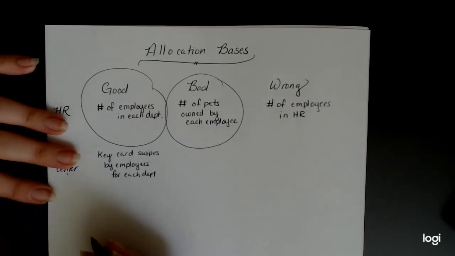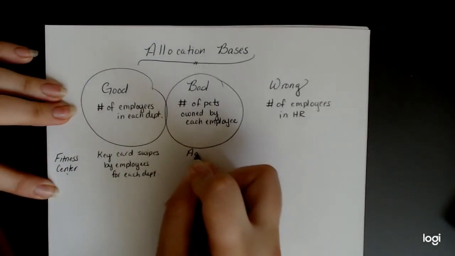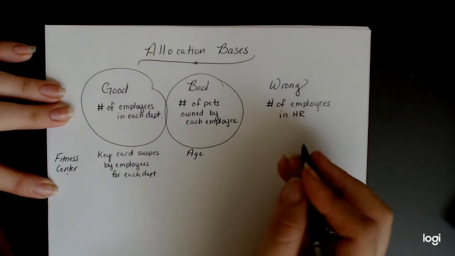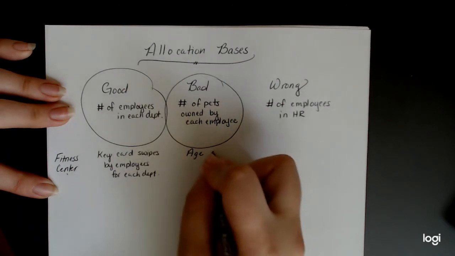A bad one, let's say that they decided to allocate it based on something silly. You can say square footage, but that's not silly enough for me. See, square footage, you could kind of argue, well, the bigger the building, the more likely there's more employees in there, but I'd say, oh, that's a little rough. Let's say they decided to do it based on the age of employees from each department. And I'm doing this a little bit ignorantly because I don't know if age is tied to gym use, perhaps inversely.